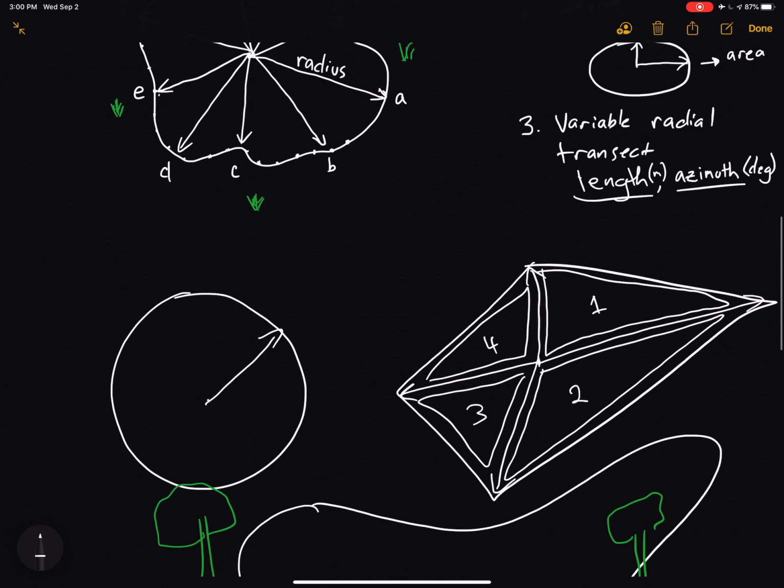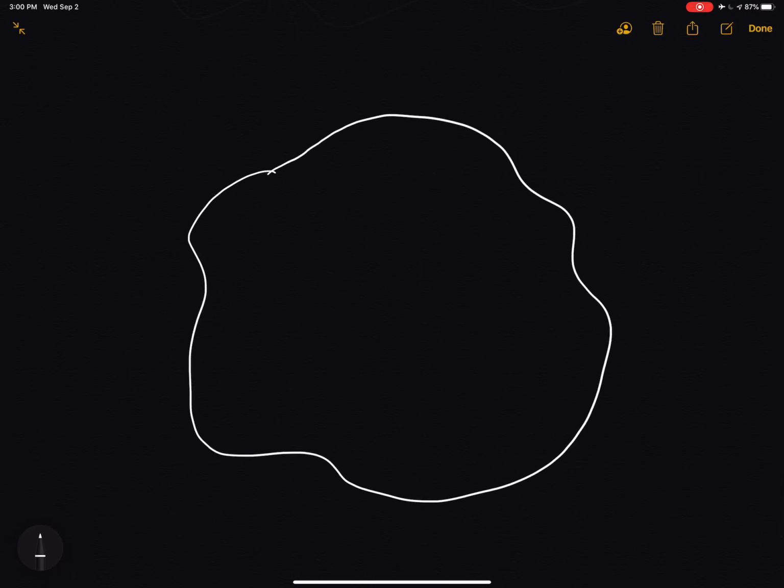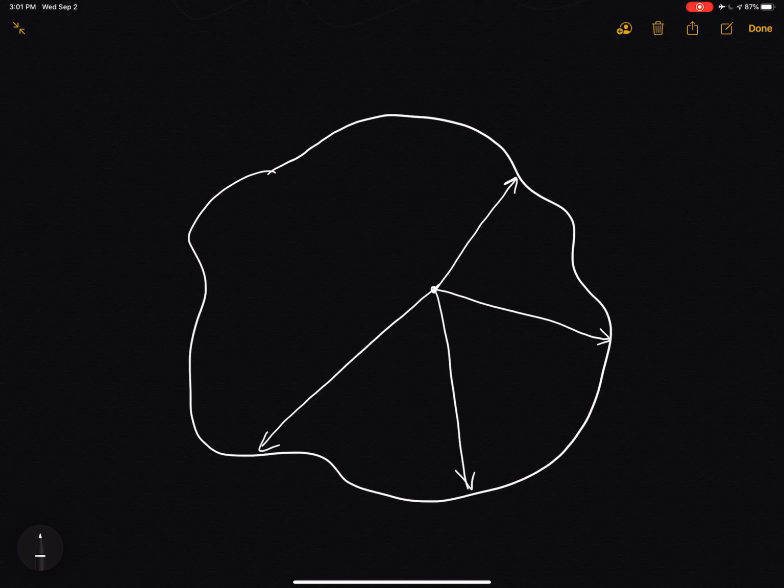Okay, let's recreate this so we've got a little bit more space. Here's our campsite. Here's an arbitrary center point. As long as you use the same center point, it doesn't matter where it is. Here's our first radius, our second radius, third, fourth, fifth, sixth.